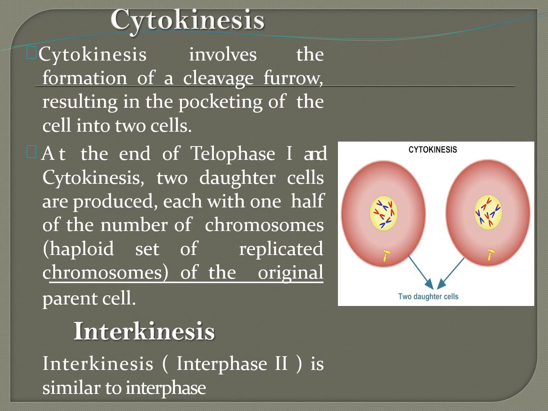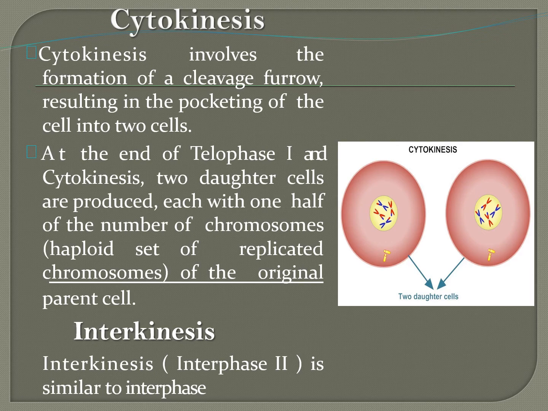After completion of the telophase first, cytokinesis takes place. Cytokinesis involves the formation of a cleavage furrow resulting in the pinching of the cell into two cells. At the end of telophase first and cytokinesis, two daughter cells are produced. Each is with one half of the number of the chromosomes, or you can say haploid set of replicated chromosomes of the original parent cell.